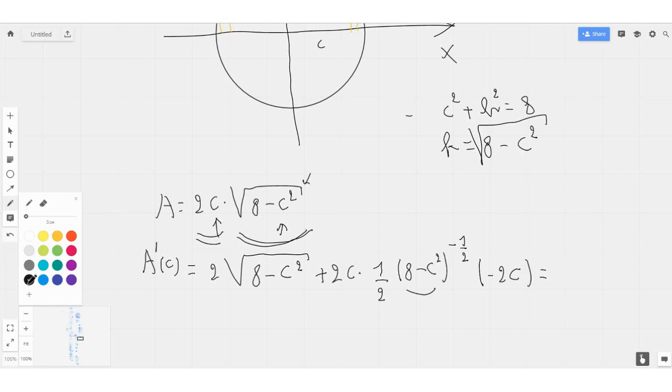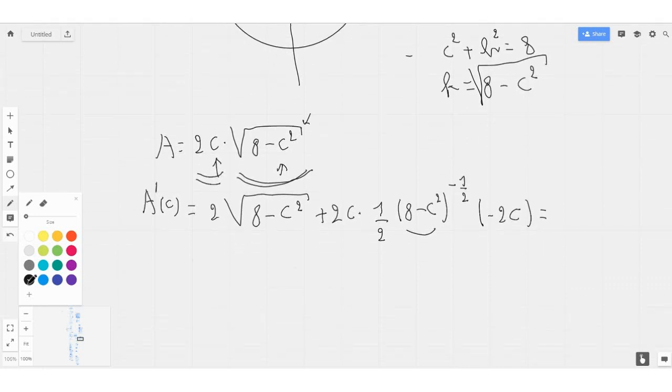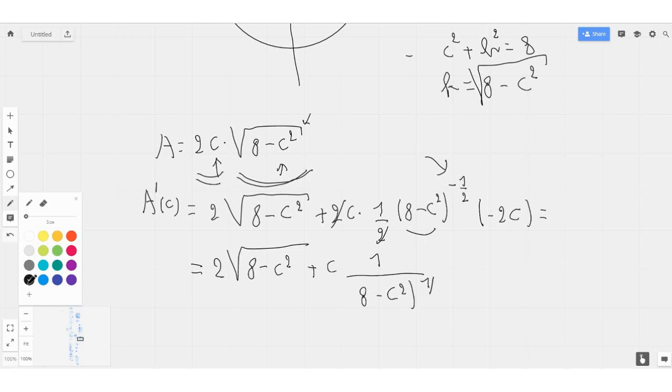Okay, let's see what we can do at this point. We can make some simplifications. These two can cancel out with these two. So we have here 2 square root of 8 minus C squared plus C. This exponent here is like taking the whole thing to the denominator, which is 1 over 8 minus C squared, and then we have to change the sign of the exponent, half, times minus 2C.